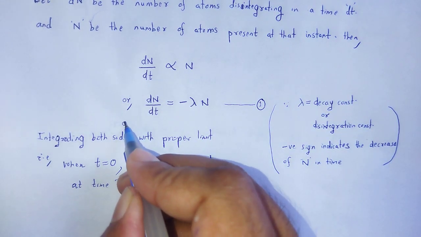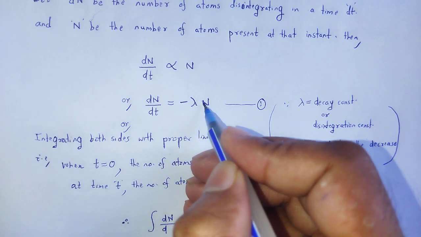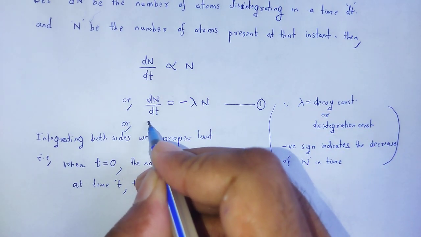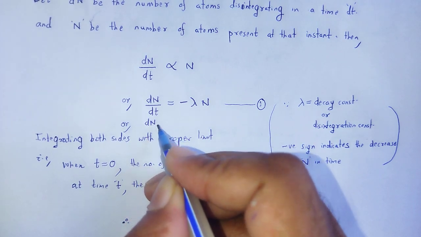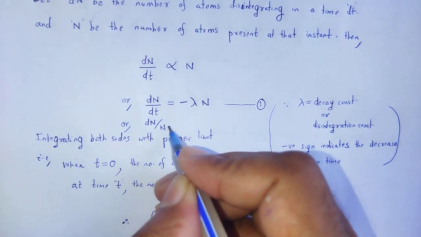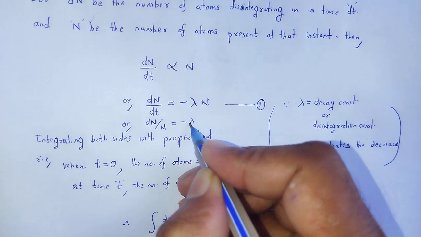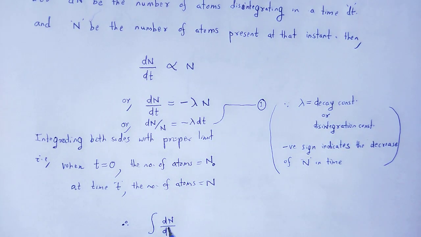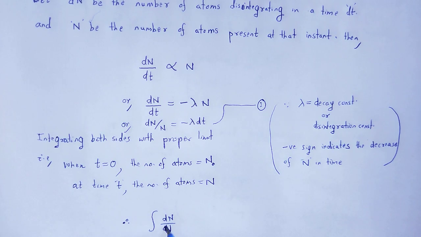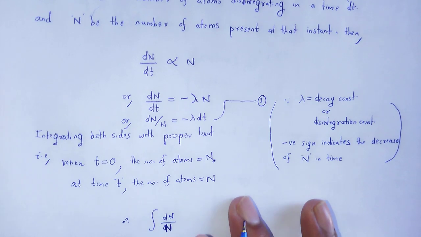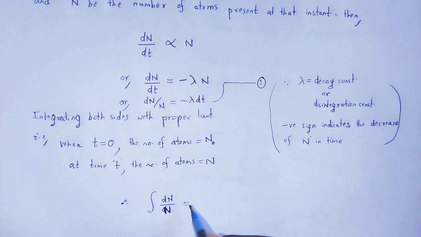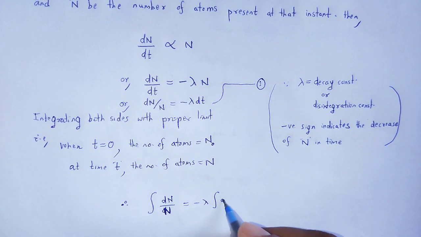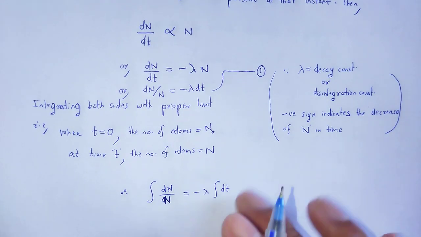See here, N to this side, dt to that side. So dN divided by N is equal to minus lambda dt. So dN divided by N is equal to minus lambda integration over dt.